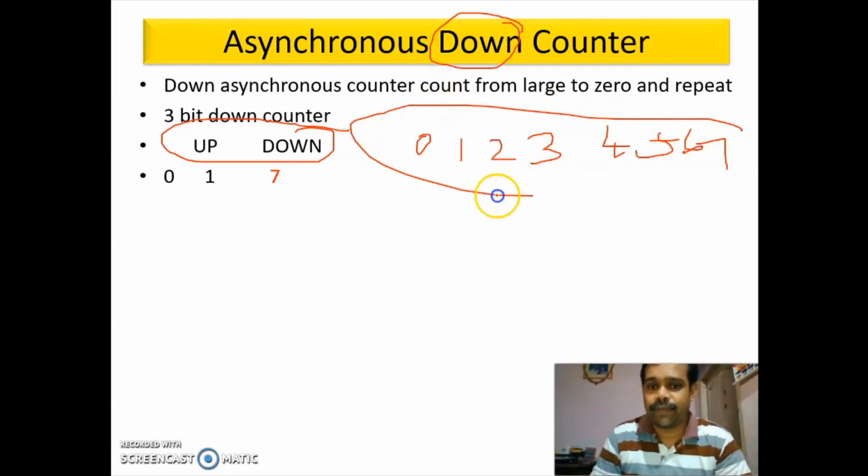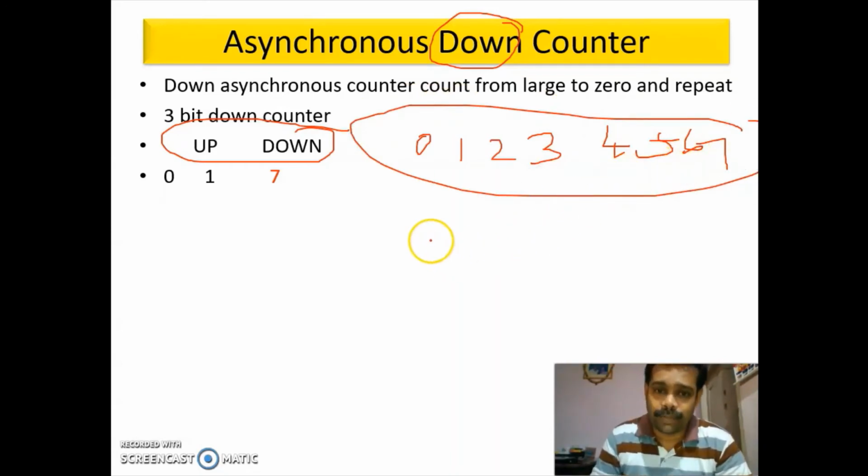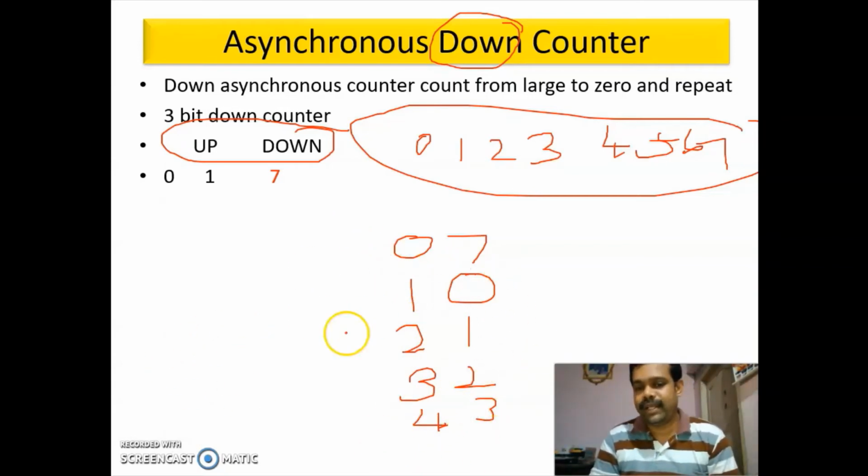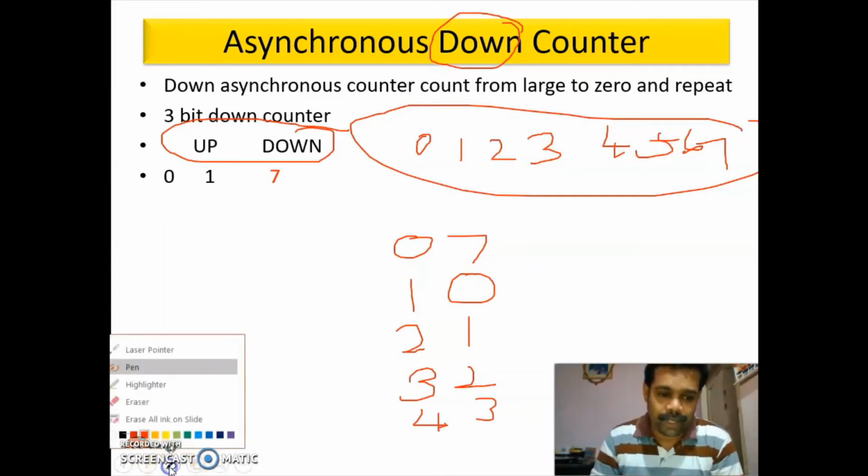In this order, if it counts, it is an up counter. Down counter means if it is 0, the previous state of 0 is 7. If it is 1, the previous state of 1 is 0. If it is 2, the previous state of 2 is 1. If 3, the previous state of 3 is 2. If 4, the previous state is 3.